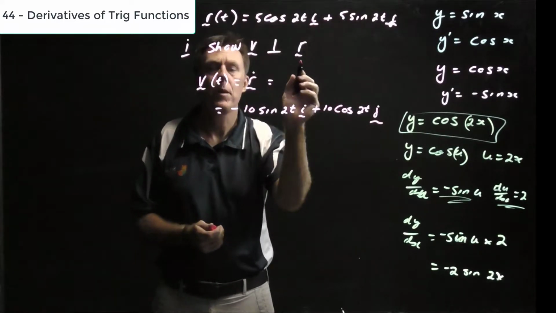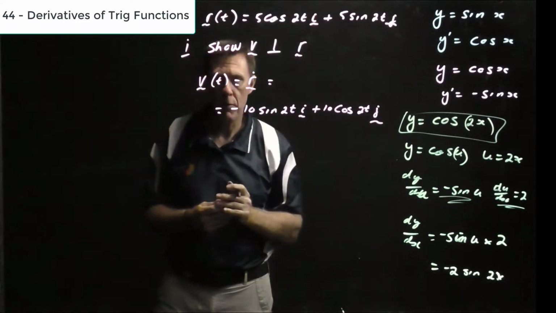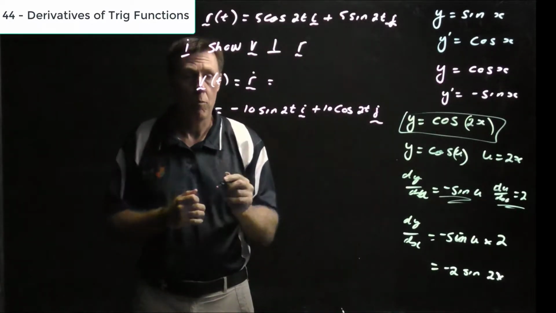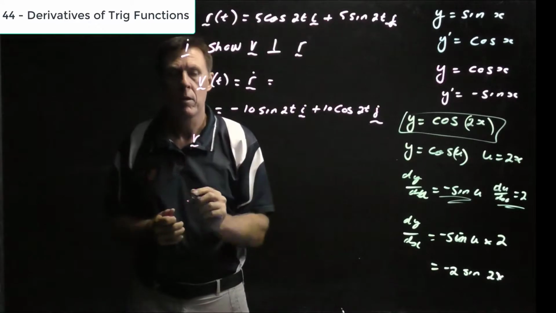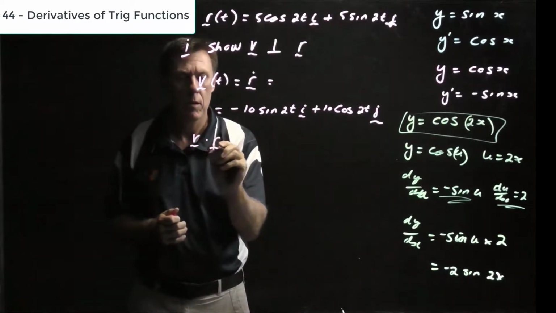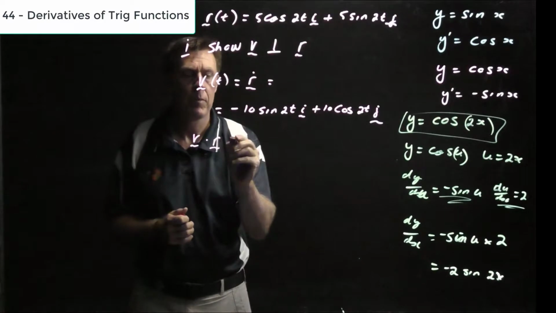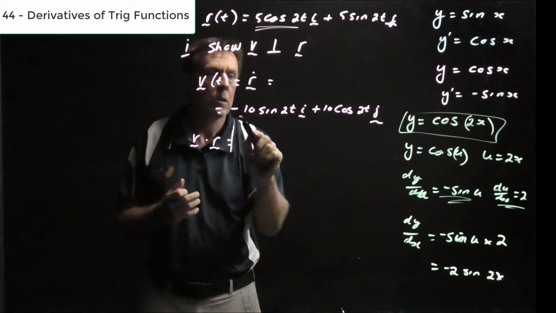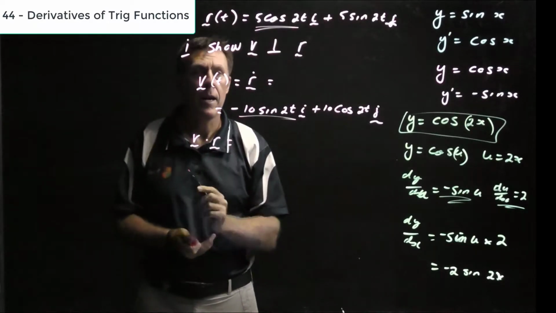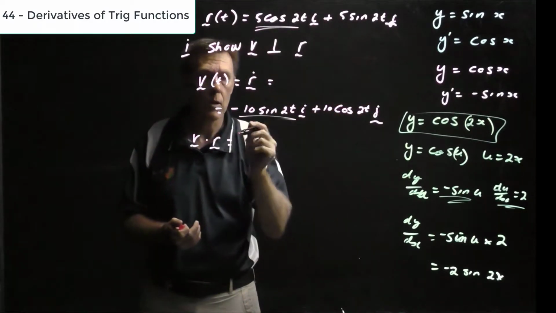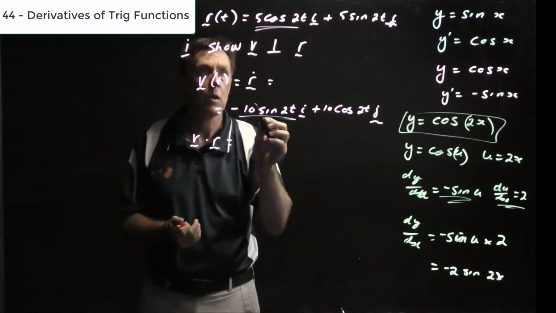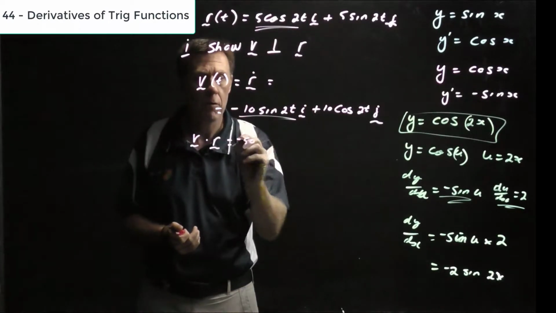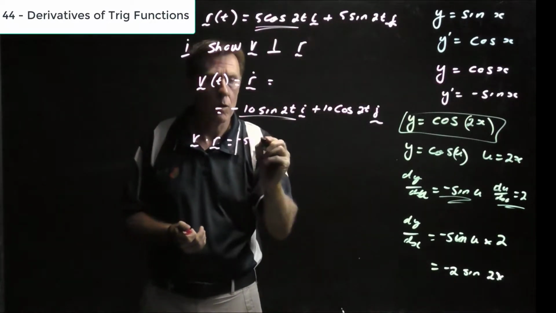Now we want to show that they're perpendicular. You may remember from when we did vectors last year, vectors are perpendicular if their dot product is 0. So we want to do the velocity vector dot the position vector. Well, we just times corresponding positions together. We take the i components, times them together, and add that to the j components multiplied together. So the i components are going to be, look at the numbers at the front, 5 times negative 10 is negative 50, cos 2t sine 2t.